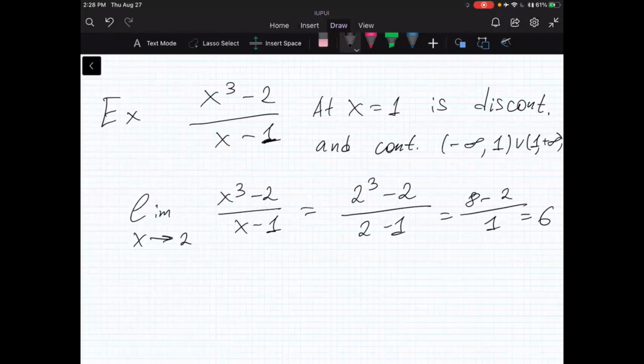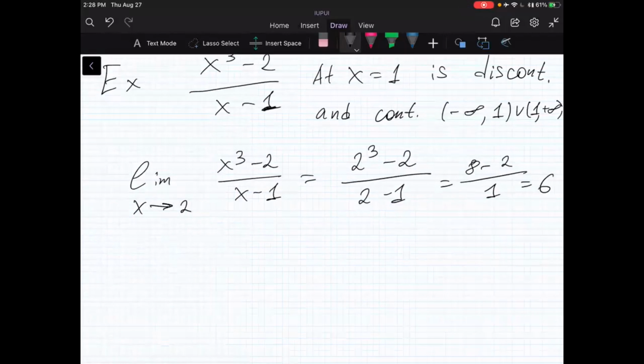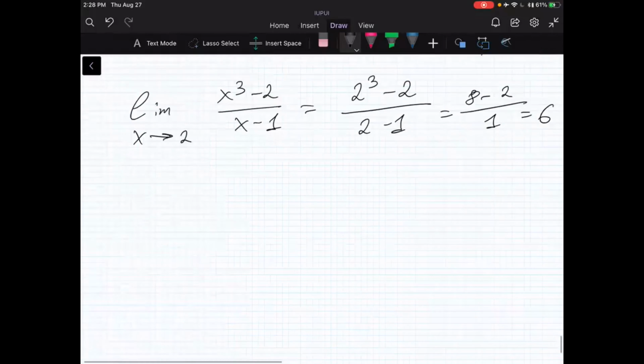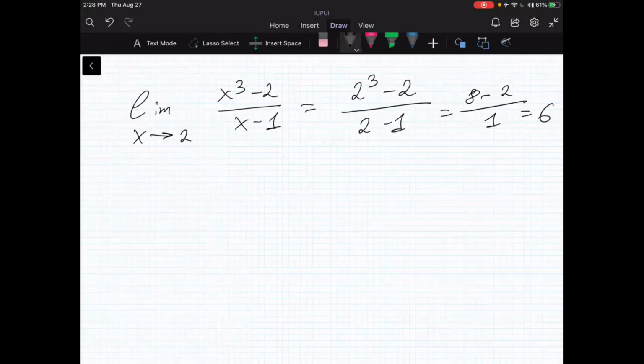So again, almost all functions that you will see are continuous. The way to check if it's continuous or not is to first plug in the value and see whether you get something strange or not.